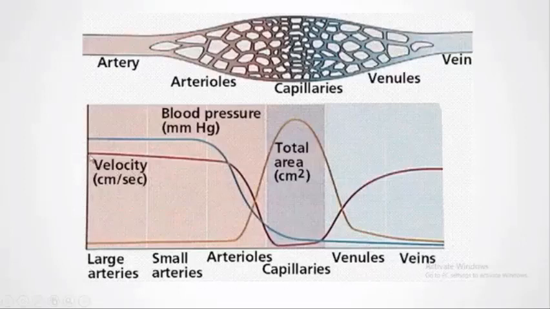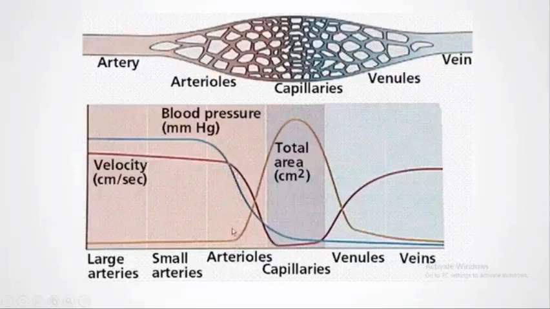Starting with the velocity, this red curve, I'll notice that the velocity is somehow constant, or we have a very slight decrease in velocity as I move from large arteries till I reach the arterioles.